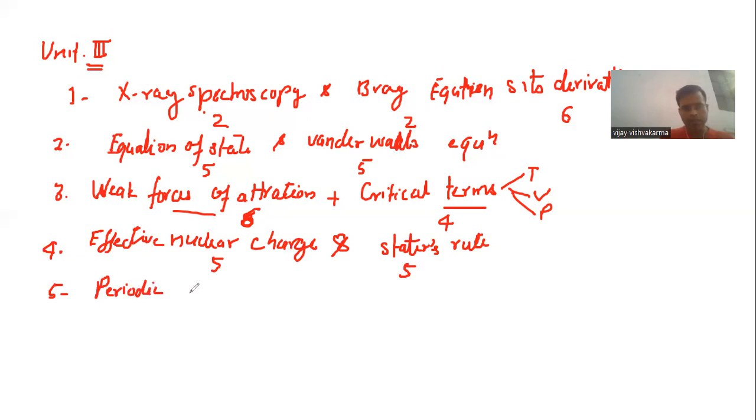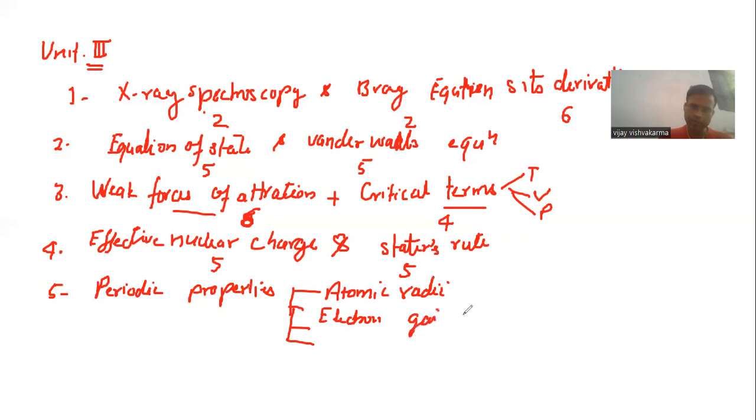Periodic properties, and they gave a total of 5 properties like atomic radii, electron gain enthalpy, ionization enthalpy, electronegativity.